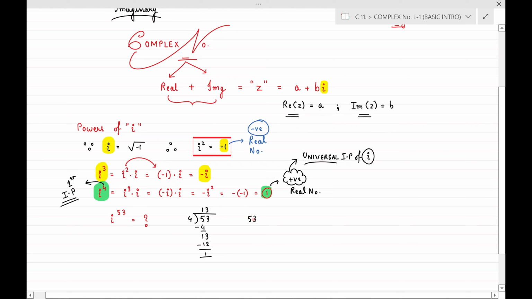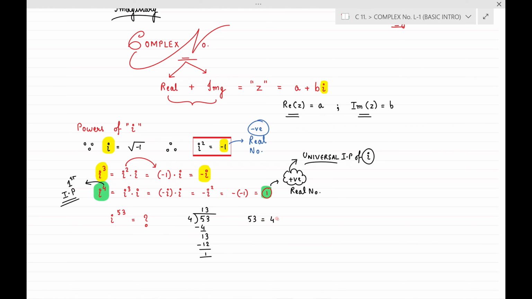Now dividend is equal to divisor into quotient plus remainder. Everybody knows that. This is known as division algorithm. Now using this division algorithm, I can write 4 into 13 plus 1 instead of writing 53 there in the power of iota.